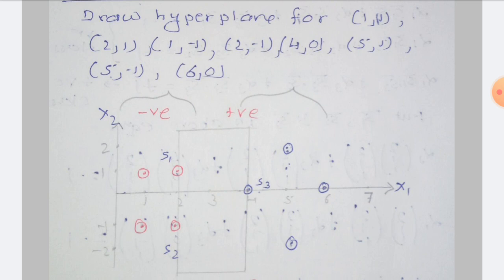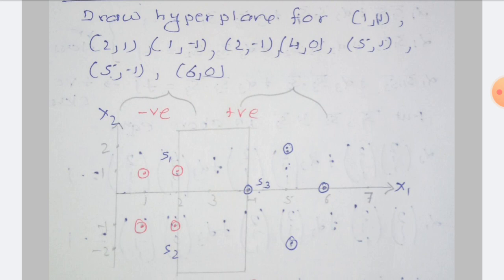Here we are getting an open space, which is drawn by the rectangle. The point here is (3,0). So we have to draw the hyperplane at (3,0), or near it, where our hyperplane exists.